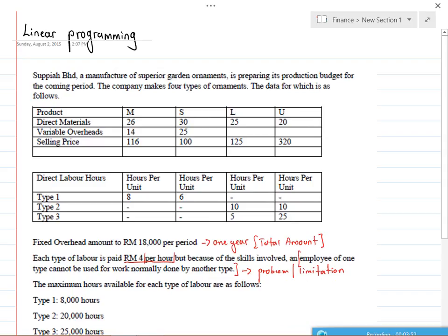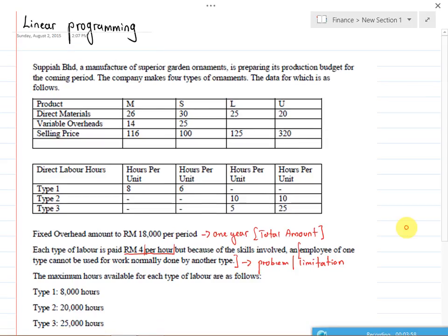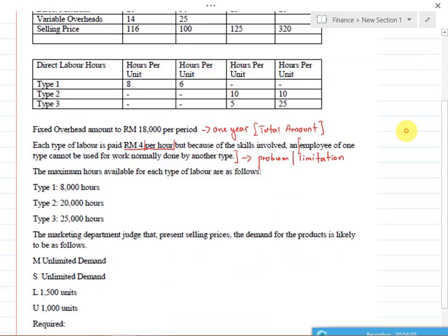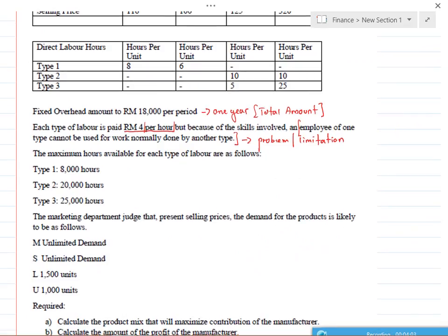So that's a problem, a limitation. The maximum hours available for each type of labor are as follows. Over there, they gave you all the hours for every type. Very good. Now, the marketing department judged that at the present selling price, demand for the product is likely to be as follows. So this is your demand for all the products.